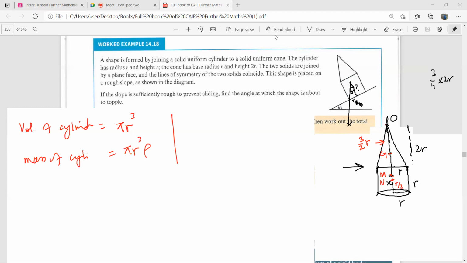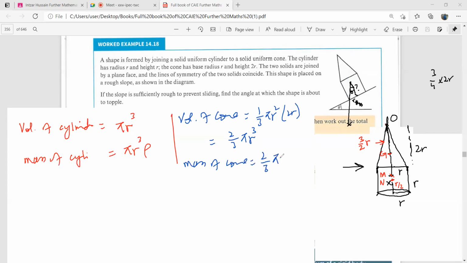Similarly, the volume of the cone is 1 over 3 pi r square h, that is going to be 2 over 3 pi r cube. And the mass of this cone is going to be 2 over 3 pi r cube rho.